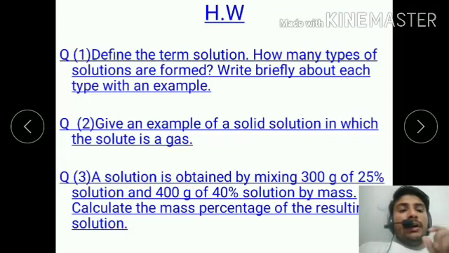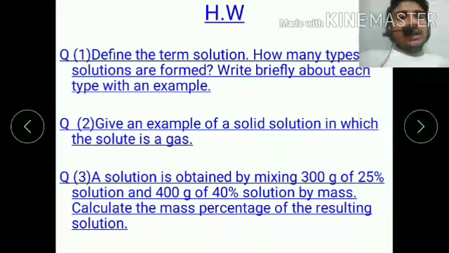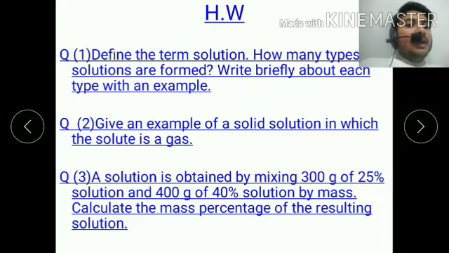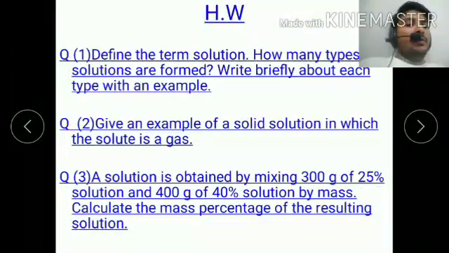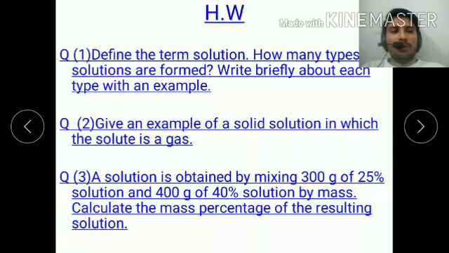Question number three: a solution is obtained by mixing 300 gram of 25% solution and 400 gram of 40% solution by mass. Calculate the mass percentage of the resulting solution. This is your homework. You have to do it in your notebook.